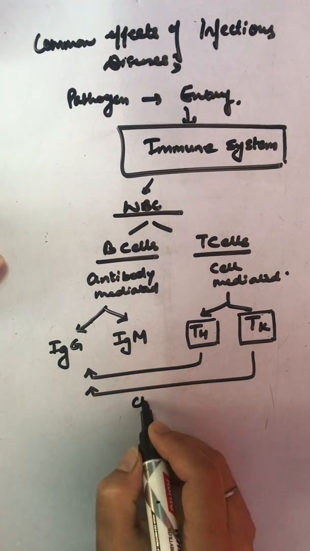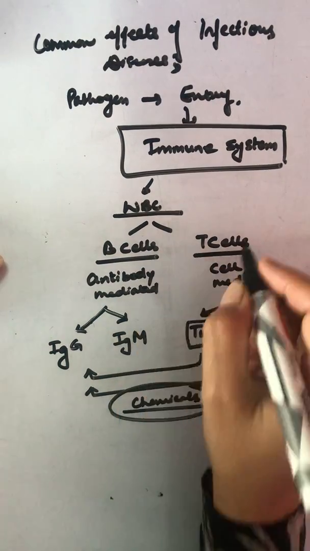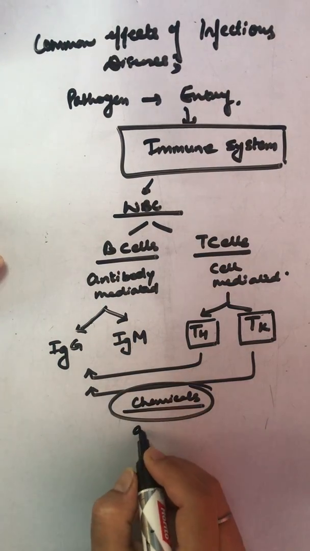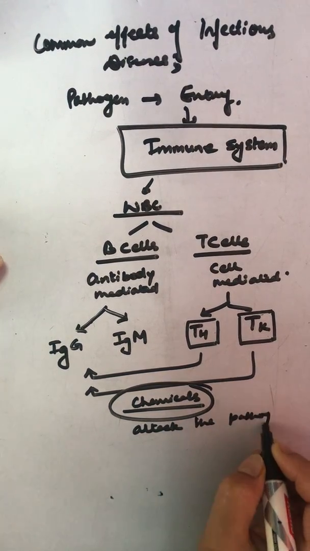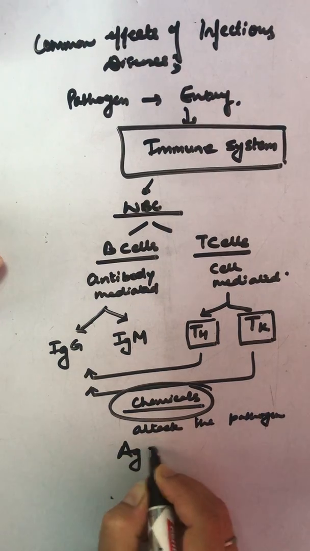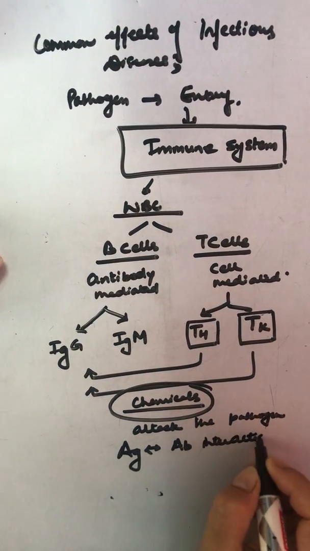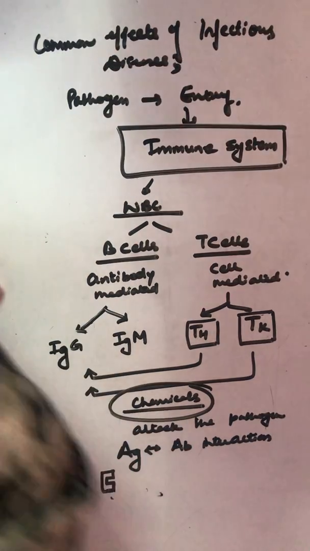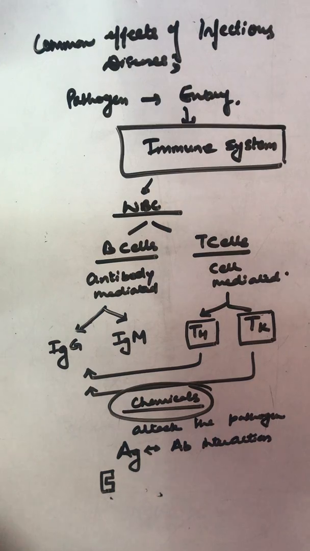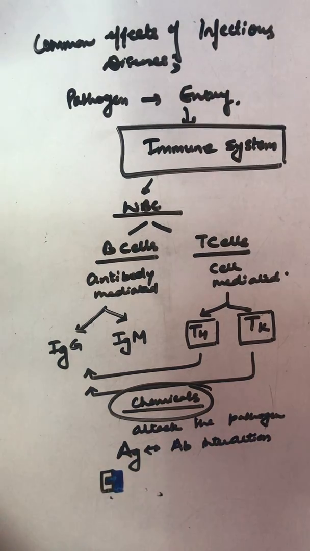So these chemicals which are released by these B and T cells will attack the pathogen. And there is always antigen antibody interaction. Supposing this is antigen, so a similar looking antibody will fight and will kill the pathogen.